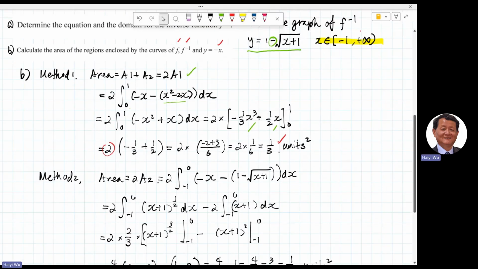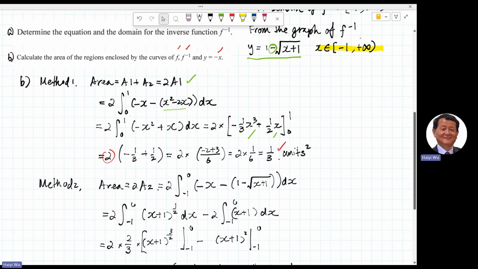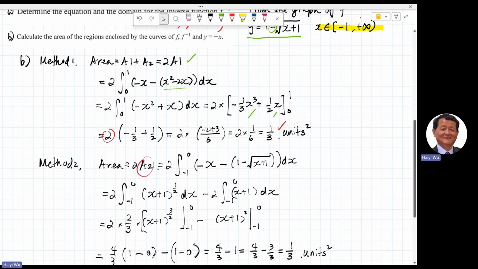The second method: because those two areas are identical, we can use area 2 instead of area 1. But that's a little bit harder because the function is different. This time we go from negative 1 to 0. The function on the top is negative x, and the function on the bottom is the inverse, f inverse. Let's simplify.